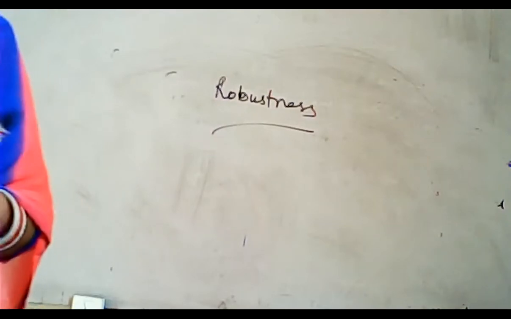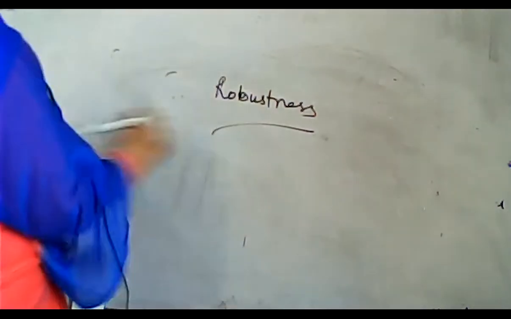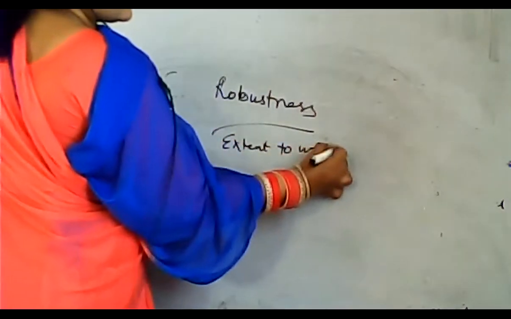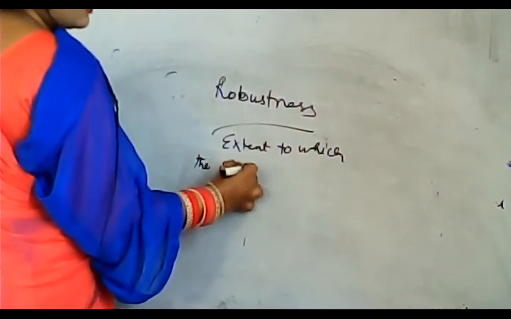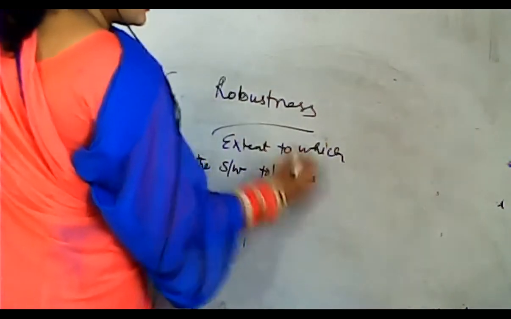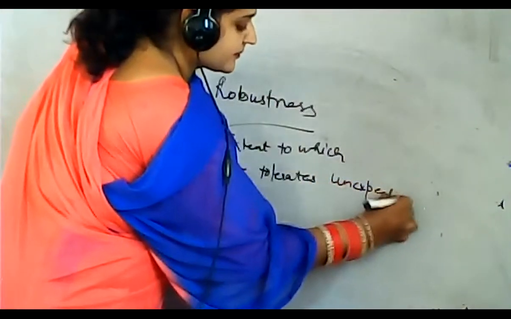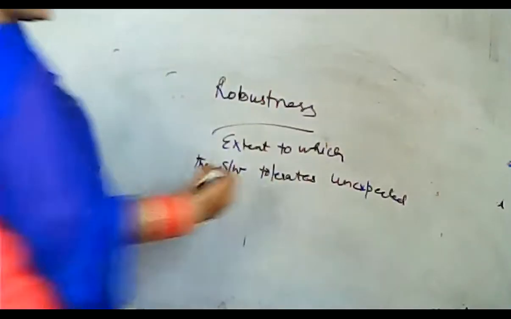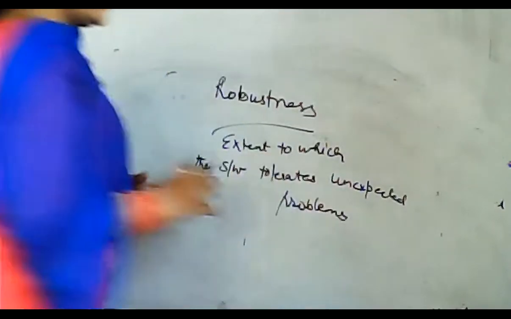I'll define it for you: the extent to which a software tolerates unexpected operations or problems. हम कहते हैं system is very much robust.